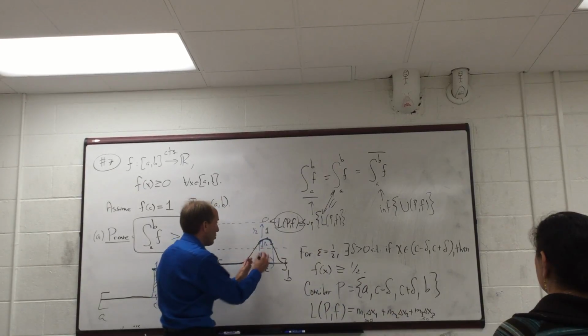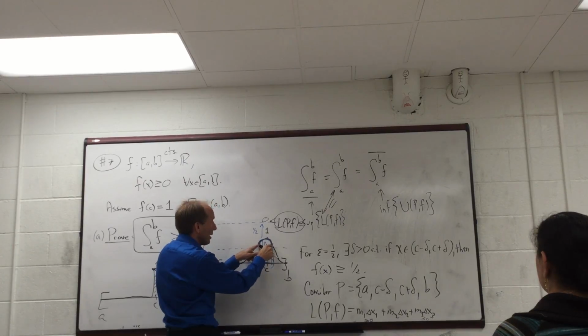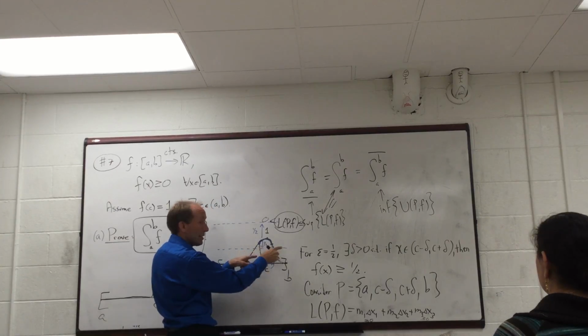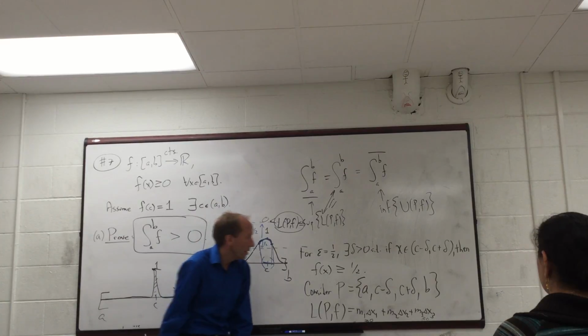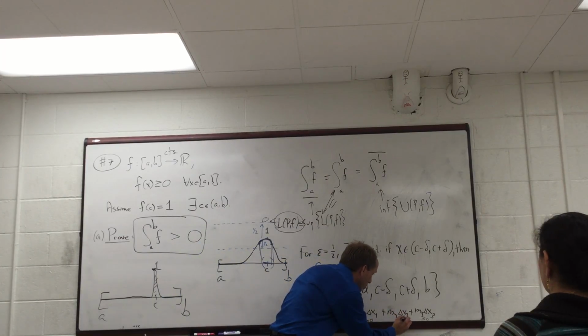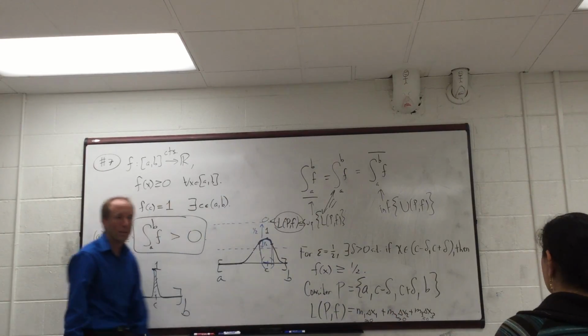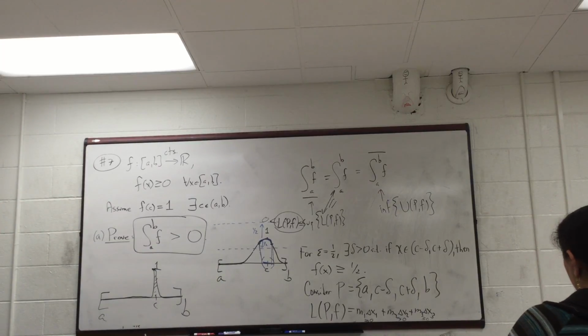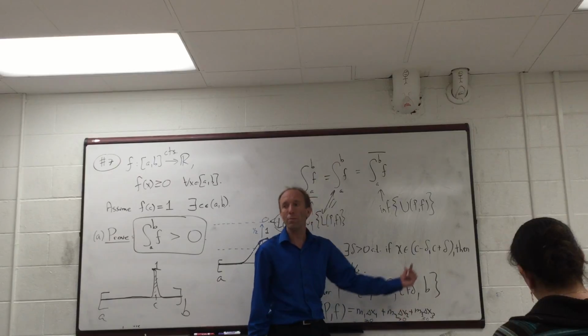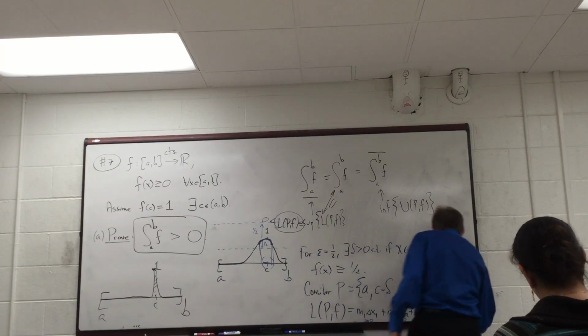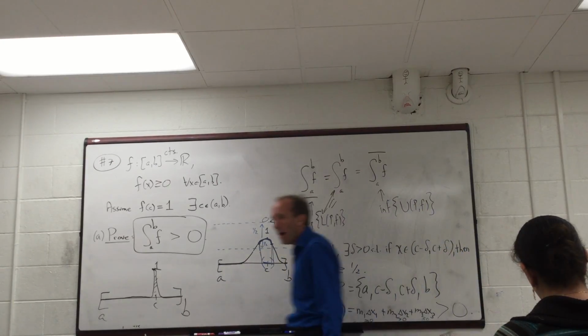But the second term, the little m2, is for this subinterval right here. Do you see that the little m2 is at least 1/2, and the delta x is a positive number? The point is, this one is strictly positive. So you have a number that's at least 0, plus a number that's strictly positive, plus another number that's at least 0. That adds up to a strictly positive amount.